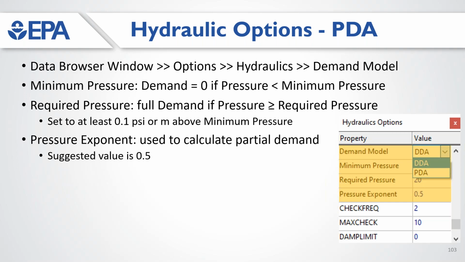There's the required pressure, which is the pressure required to supply a node's full demand, the requested demand. And to avoid numerical issues, these two must be at least 0.1 psi or meters above the minimum pressure. And then there's the pressure exponent, which is the power to which the pressure is raised when computing the demand delivered to a node. It was suggested to keep the value at 0.5, but you can change it for your system.